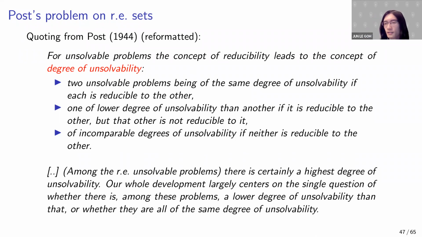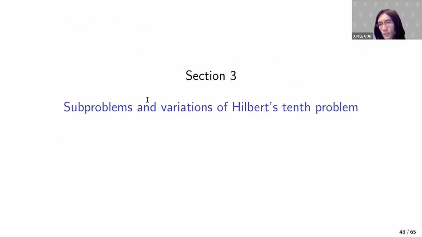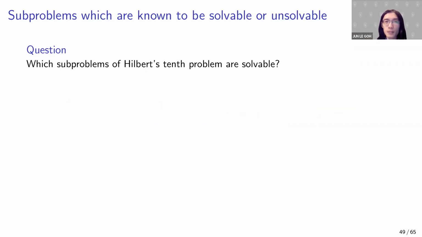All right, looks like we're back. So let's now talk about variations of Hilbert's 10th problem and also some sub-problems which are open. Even though we know that Hilbert's 10th problem in general is unsolvable, we can still ask which sub-problems of Hilbert's 10th problem are solvable.